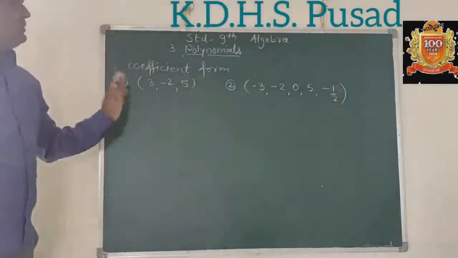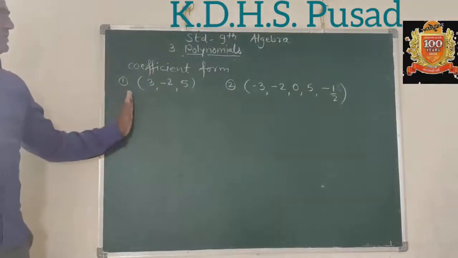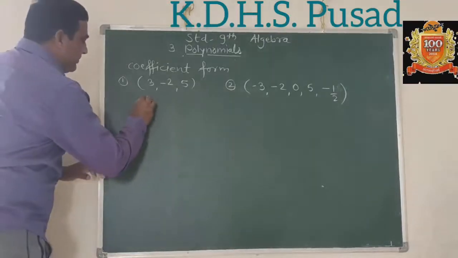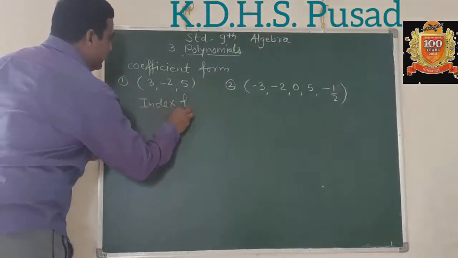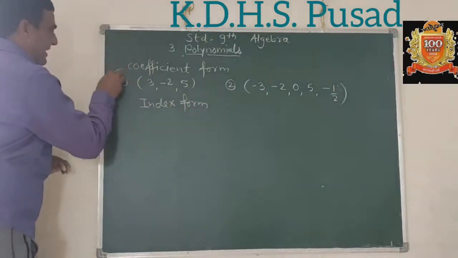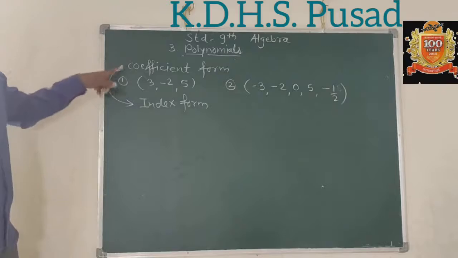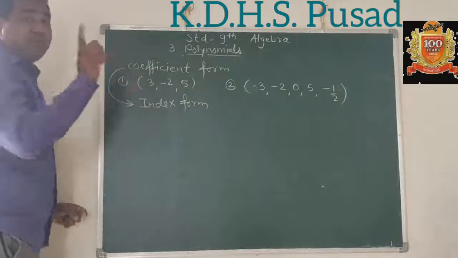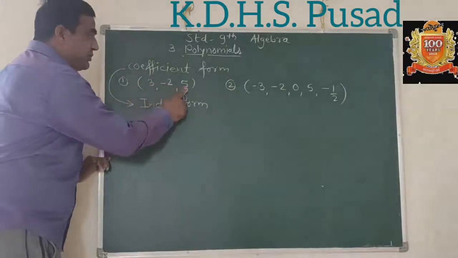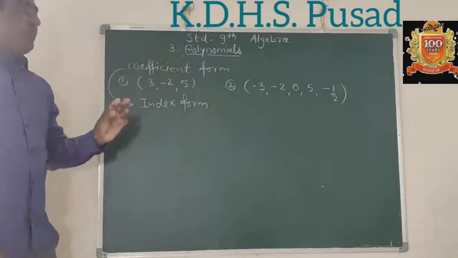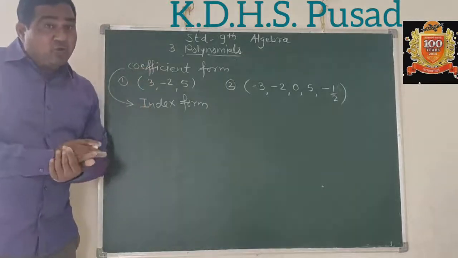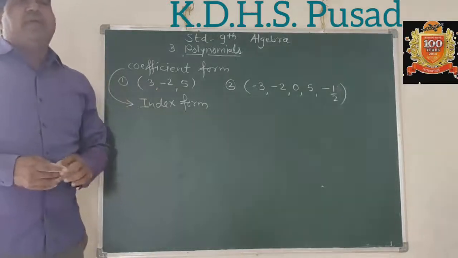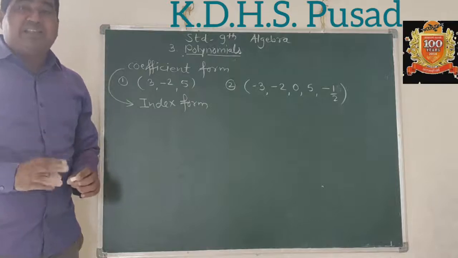Okay. So here I have written these two polynomials in coefficient form. Now I want to convert them into index form. How to convert coefficient form into index form? Count the number of terms: 1, 2, 3. So 3 terms. Now we want to consider the variable and its powers for index form. Whatever the number of terms, the starting power of the variable is one less than the number of terms.